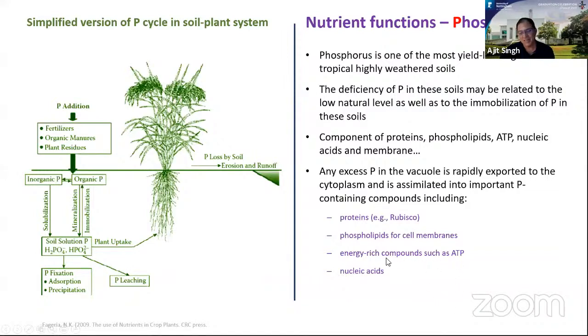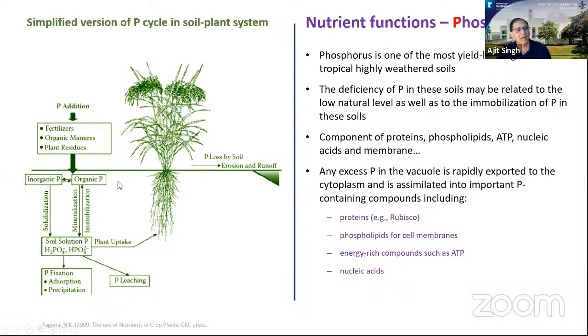So P is there in these particular compounds and is part of nucleic acid. So very important. And these are proteins. This is what we consume as well. So we rely on plants for these proteins. So we must ensure that these plants have an adequate amount of N and P so that we'll have a healthy life by consuming these plants.